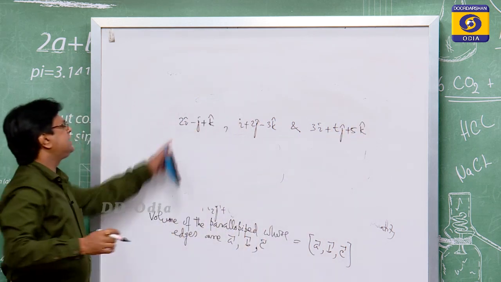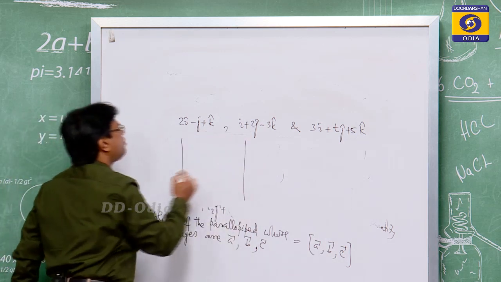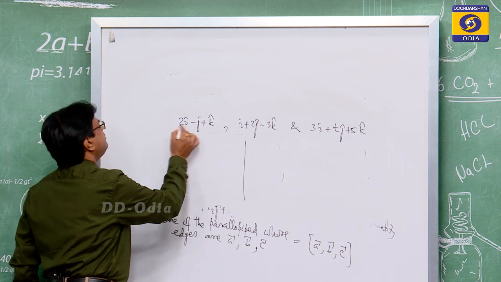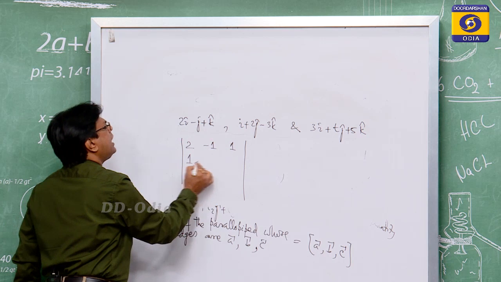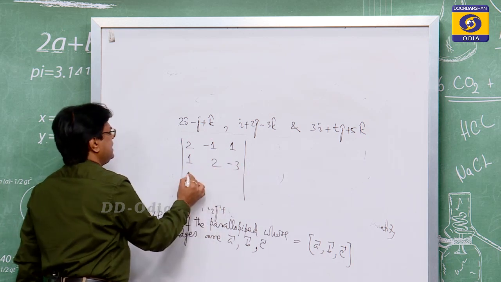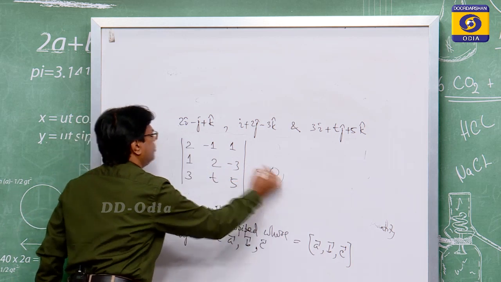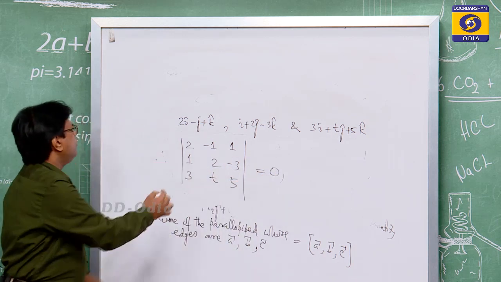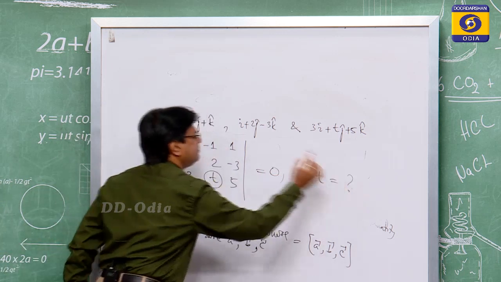If the 3 vectors are coplanar, then the determinant must be equal to 0. So, you write only the components: 2, minus 1, 1; 1, 2, minus 3; 3, t, 5 is equal to 0. From this we find the value of t. You can easily find out the value of t.